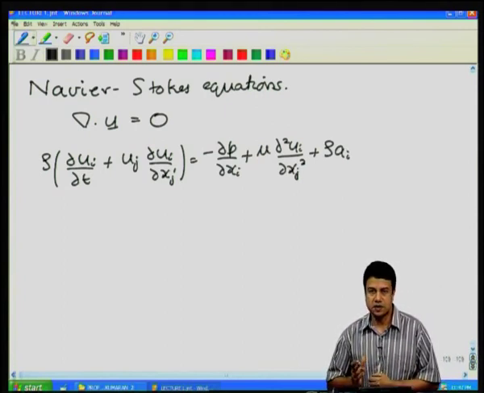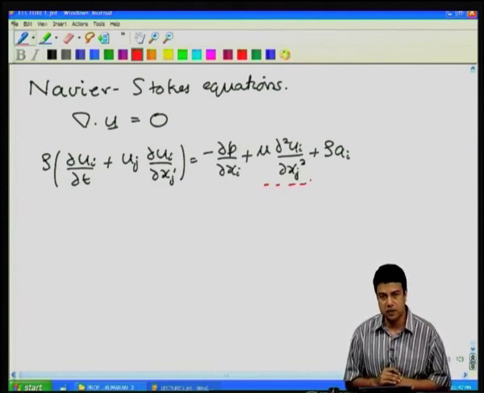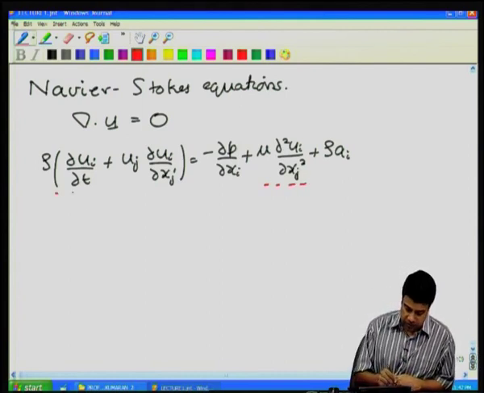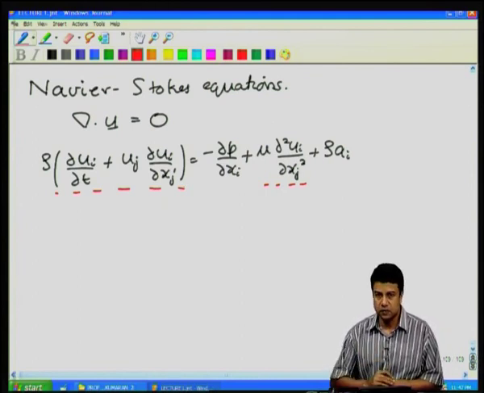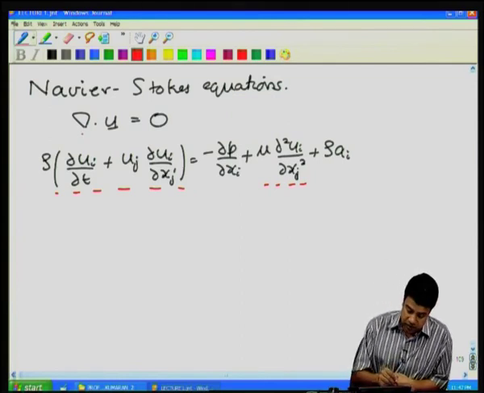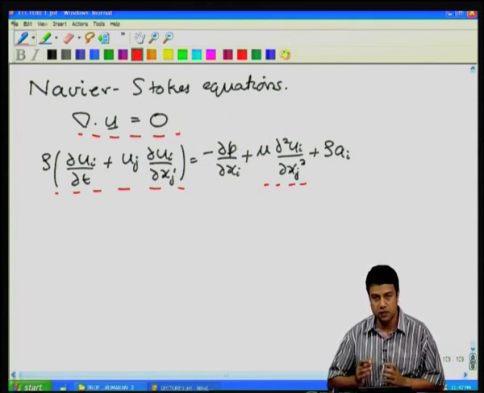Note that acceleration is the equivalent of the source or sink terms that we had in the mass and momentum conservation equations. This is the equivalent of the diffusion terms, the viscous term. These are the inertial terms, the convective terms. We have the pressure here, which is not present in normal heat and mass transfer, and we also have the condition that the divergence of the velocity has to be equal to 0.